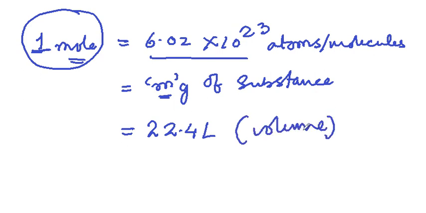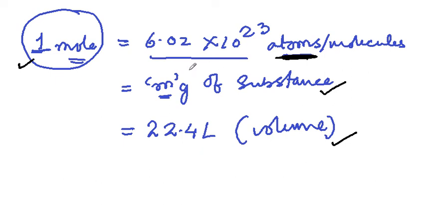Now in the exam, or in the questions that we will encounter, they might possibly give us the number of atoms, and they will ask us to find the molecular mass of the substance, or the volume of the substance, or the mole of the substance.